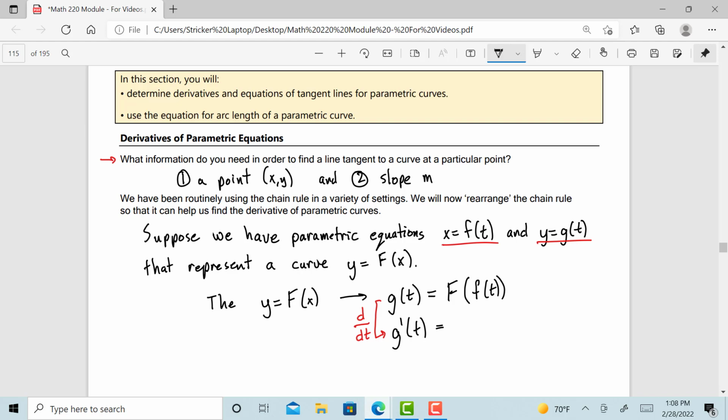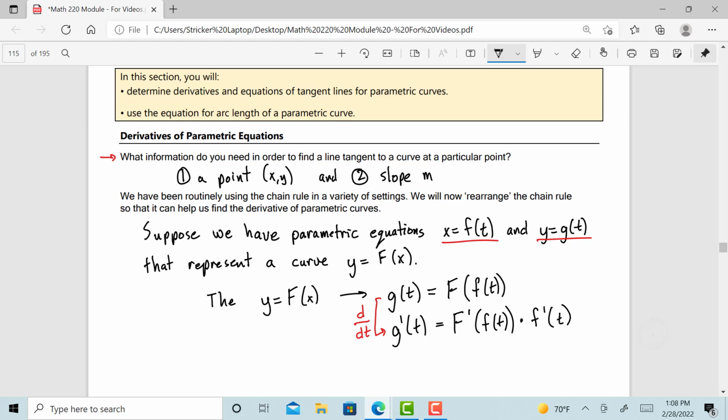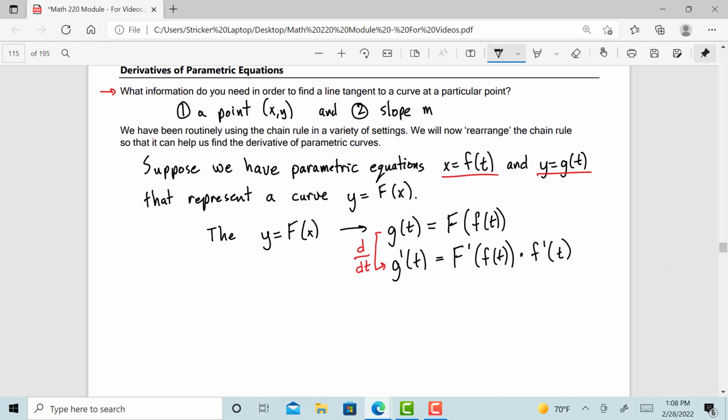Yeah, we need the chain rule. We take the derivative of the outside function, F prime, keep the inside function the same, and then multiply by the derivative of the inside function. Again, this is the chain rule.